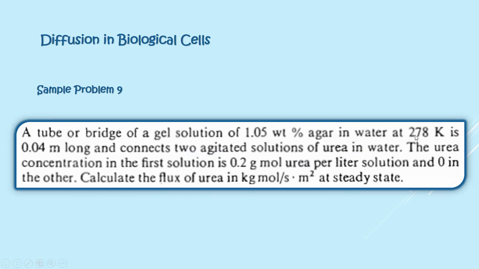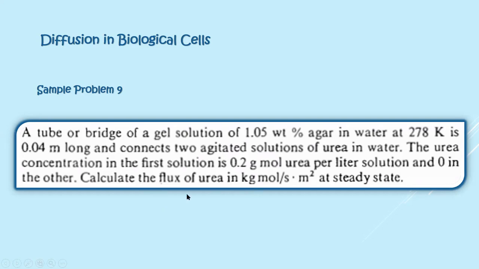We know that mass transfer will occur if there's a concentration gradient. So we expect that urea will diffuse through the agar water solution to the other side, because this agar water solution connects the two containers which are homogeneous using an agitator.